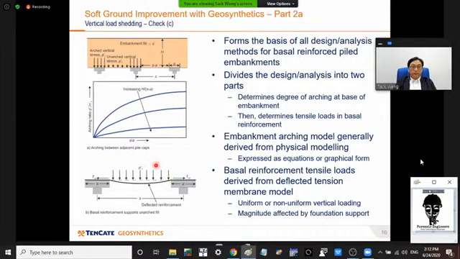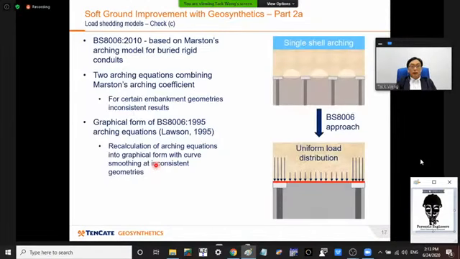For example, the BS8006 arching is based on the Marston's arching model for buried rigid conduits. There are two arching equations that are given in the original BS8006 code, and more recently, Lawson has provided a chart form to smoothen out those two equations.